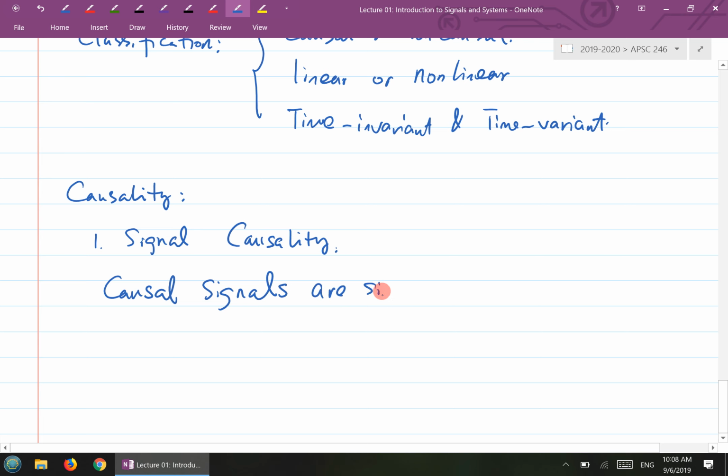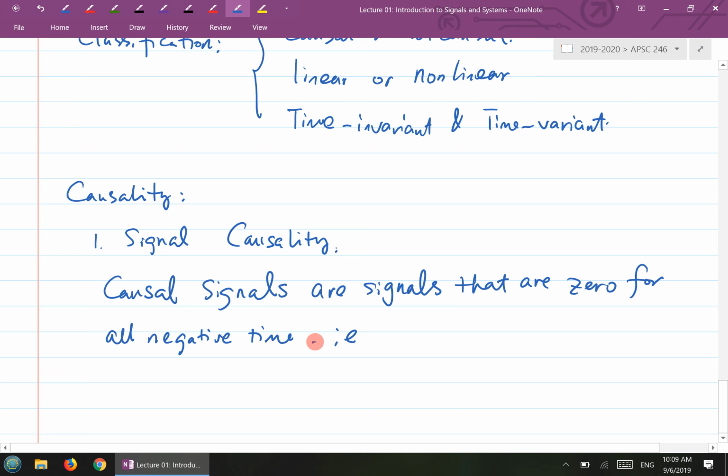Causal signals are signals that are zero for all negative time.